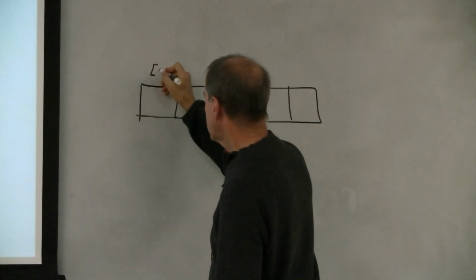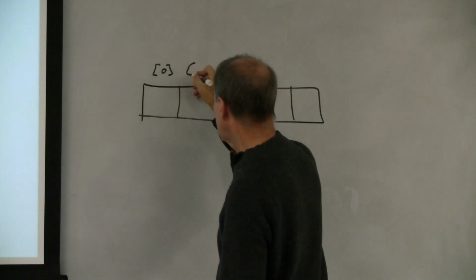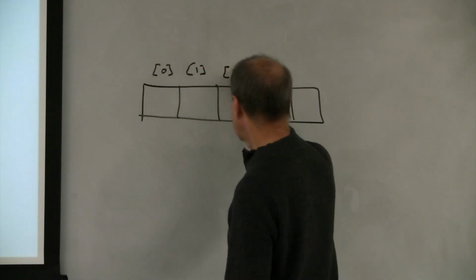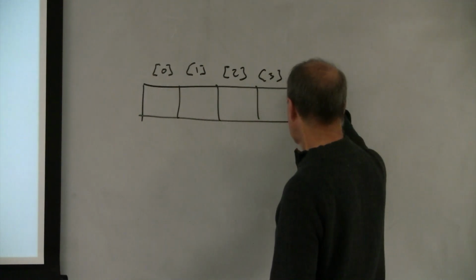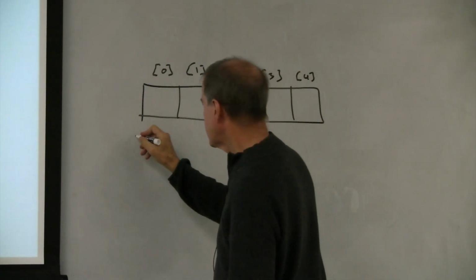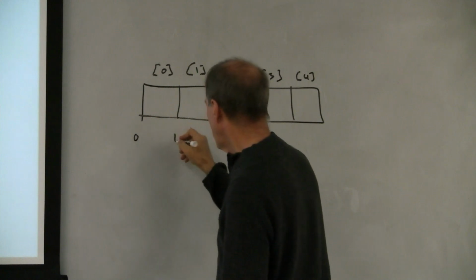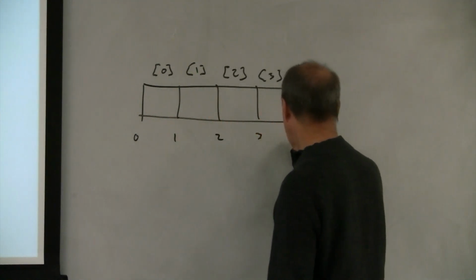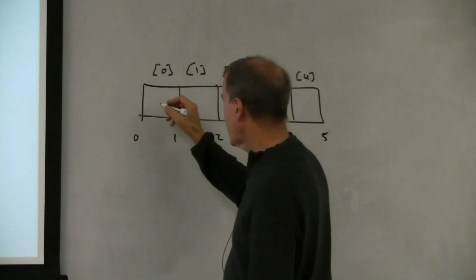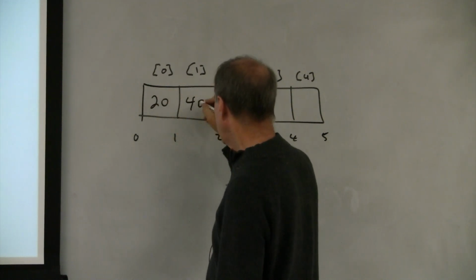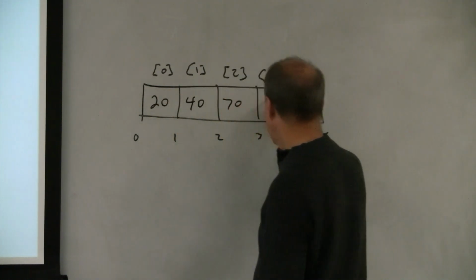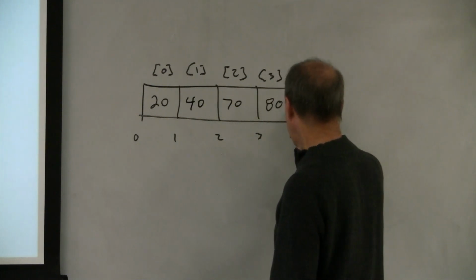this is sub 0, sub 1, sub 2, sub 3, sub 4, and this is 0, 1, 2, 3, 4, 5, and this is like 20, 40, 70, 80, 90.